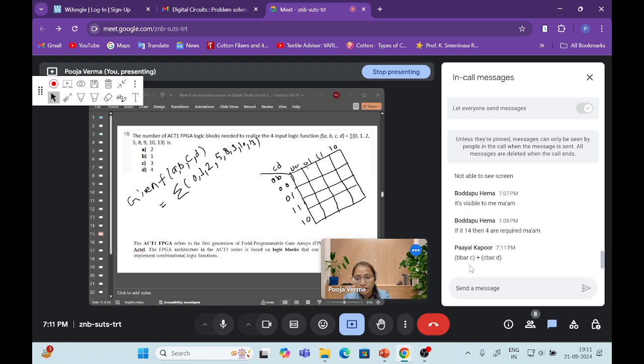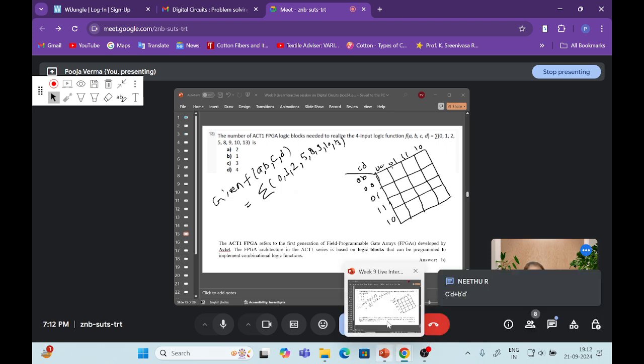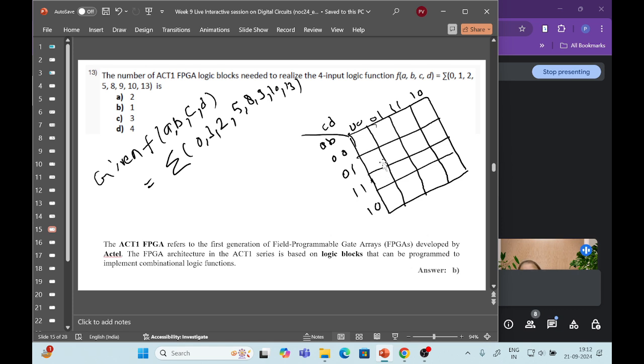B bar C and C bar D. Yeah, correct. So here it is 0 0, then 0 1.